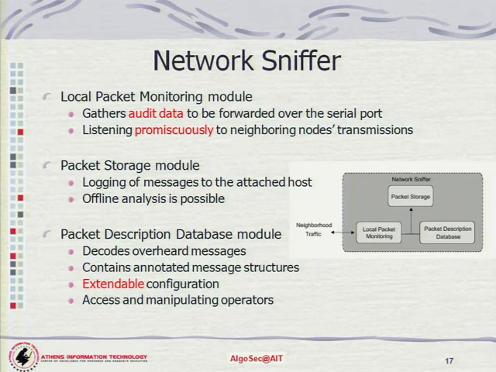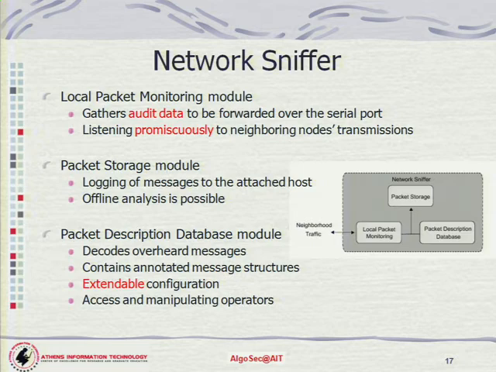Now, let's talk a little about the audit data. Audit data are all the transmissions that come from all the nodes that can be overheard by the antenna that we use with our tool. This can be collected by listening promiscuously to all neighboring nodes' transmissions. What promiscuously means is that once a node is in our range, we capture its transmission independent of the destination ID or the message type.